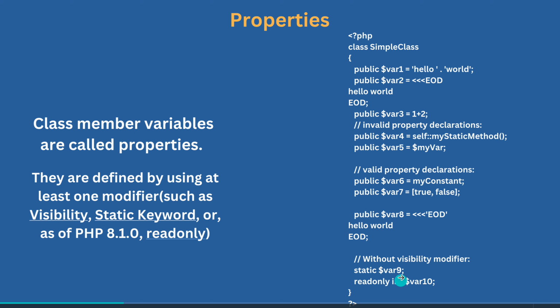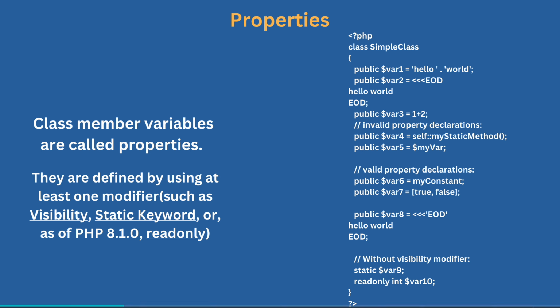A property's value can be static. So what is the meaning of declaring a variable static? We have already seen in one of the topics: the value changes when the function is called, it's not reinitialized, right?